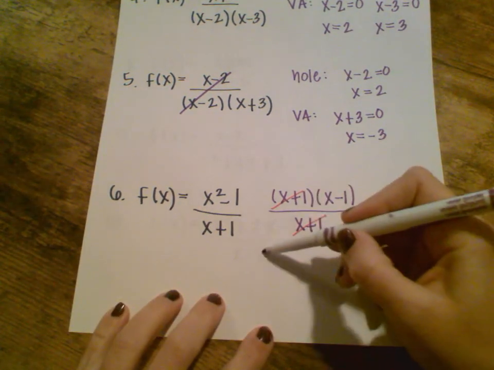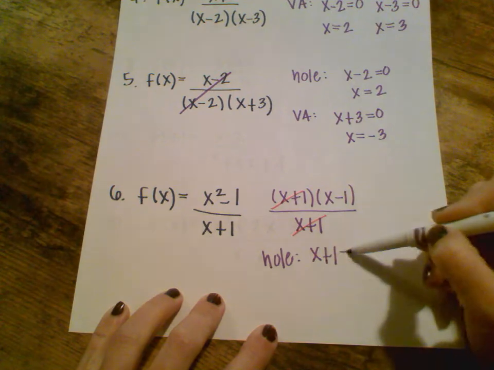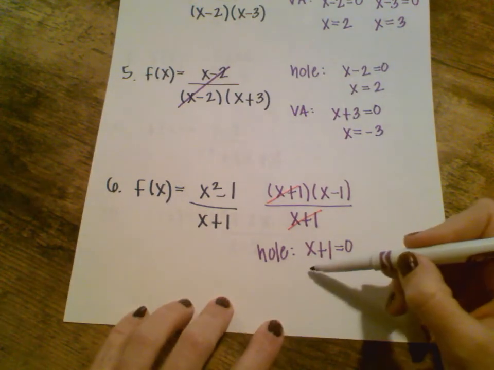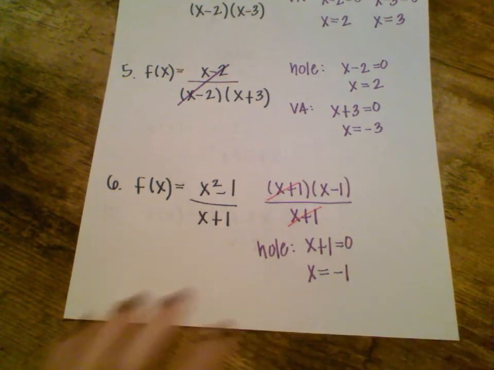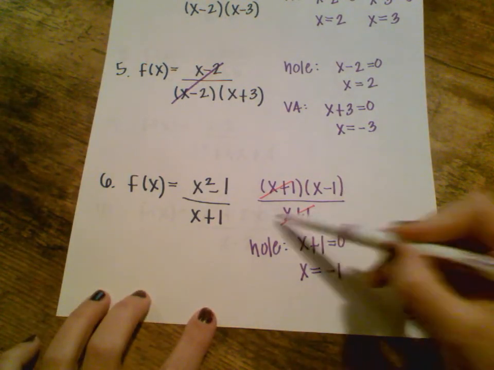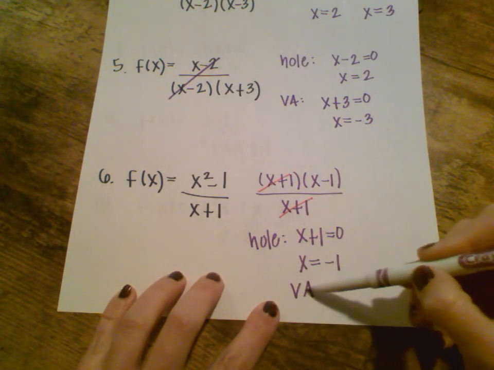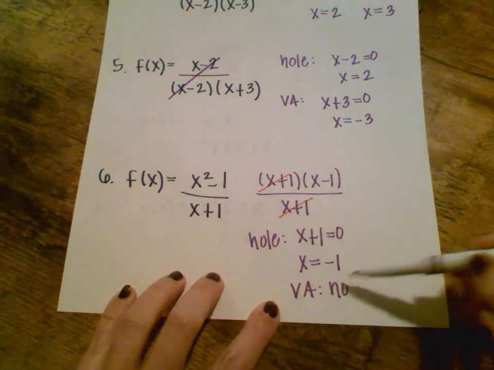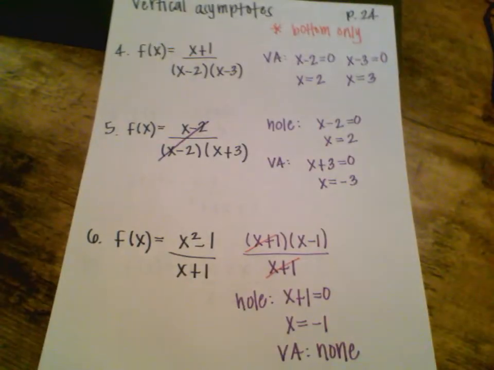So we will have a hole when x plus 1 equals 0, which is when x equals -1. That's the hole. And there are no factors that are only on the bottom, which means this graph does not have any vertical asymptotes, since there are no factors found only on the bottom.